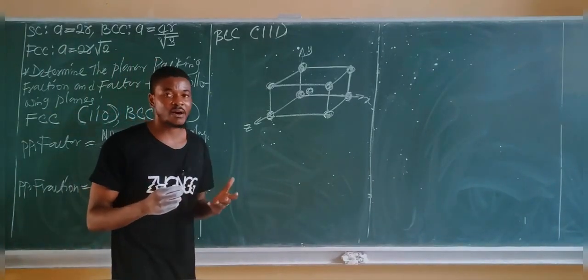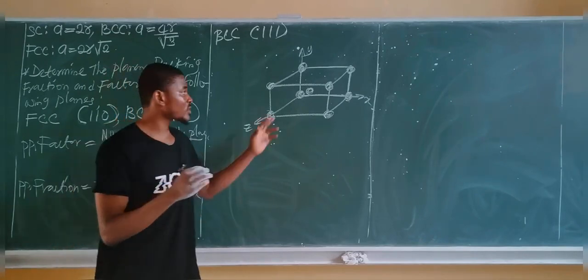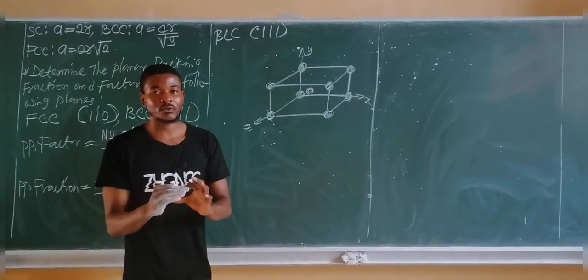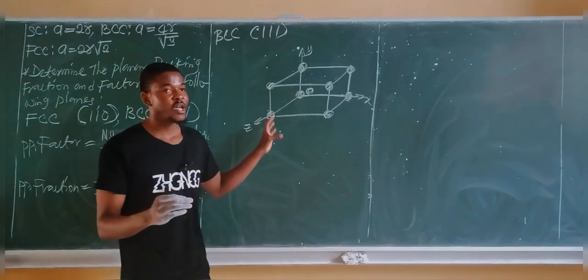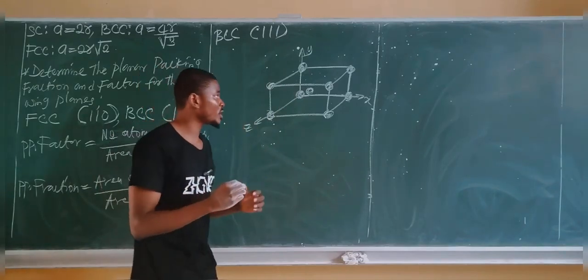We explained this in our video on crystallographic planes: it's just like having 8 corner atoms resting on one middle atom. So that's what this structure looks like. You have 8 atoms coming in contact with one middle atom.